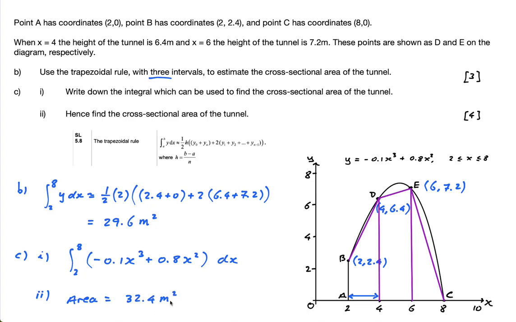And I told you this would be bigger than this one because this is the exact area. It's giving you the total area under this black curve, whereas this one is just an estimate. It's giving us the area under these purple lines, which is clearly missing 3 pieces, which is the reason it's smaller.